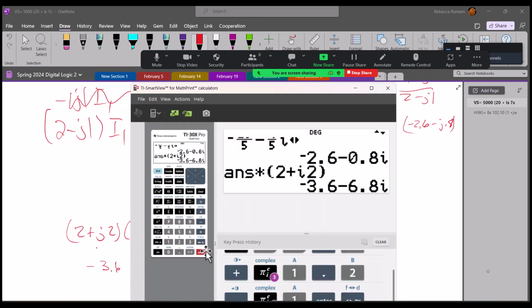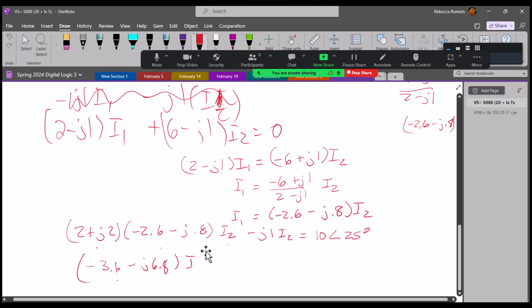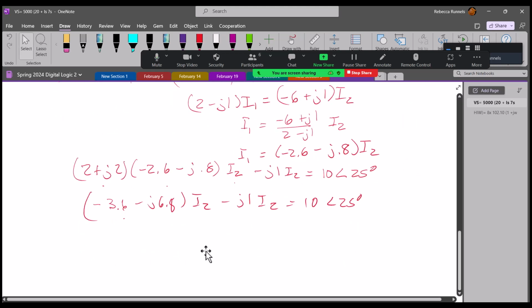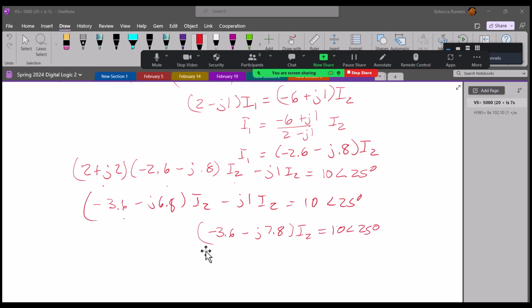So minus 3.6 minus j6.8 I2 minus j1 I2 equals 10 angle 25 degrees. Combine like terms, this is minus 3.6 minus j7.8 I2 equals 10 angle 25 degrees.